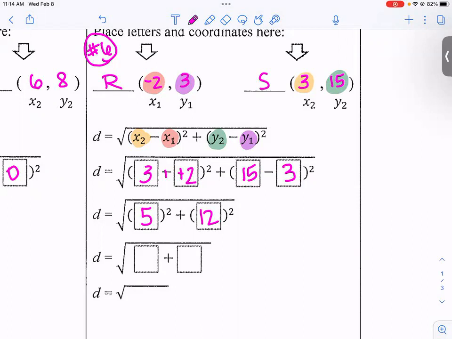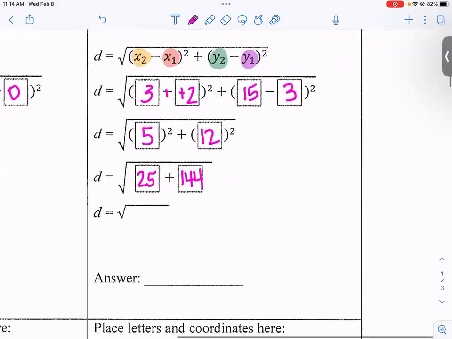Okay, so this is actually 5 squared and this is actually 12 squared. Well, 5 squared is 25 and 12 squared is 144. So we have the square root of 169. What's the square root of 169? 13.